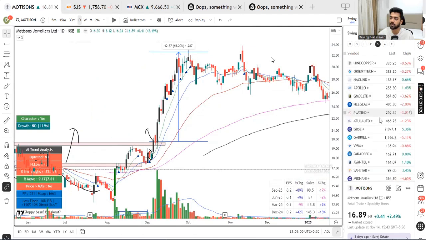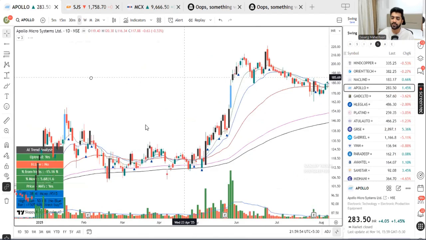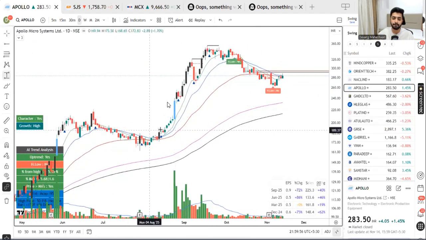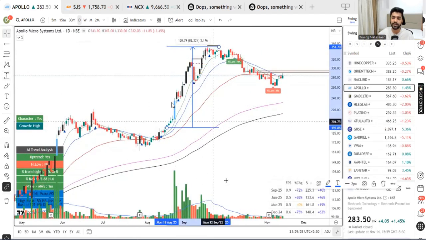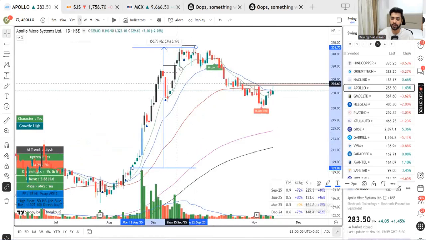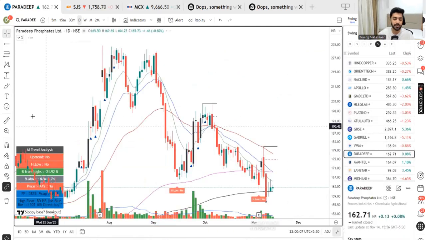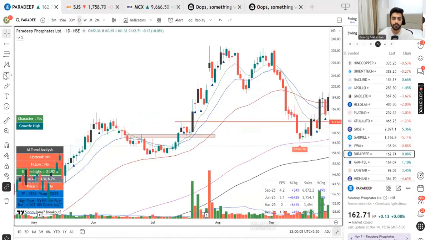Let's see some more. Apollo Micro, this is a very recent one. 80% move without breaking the 10. Paradeep Phosphates.